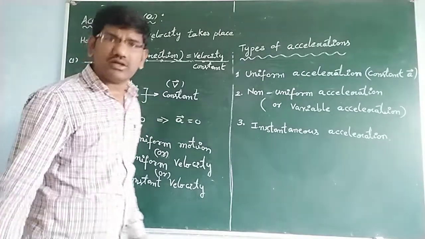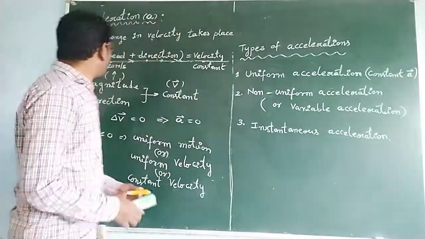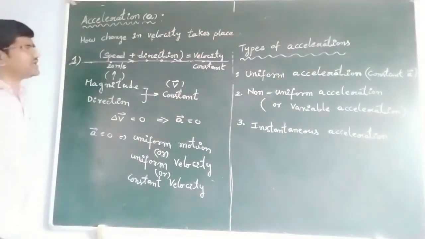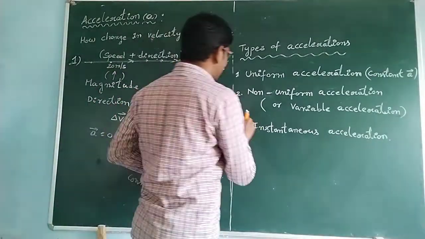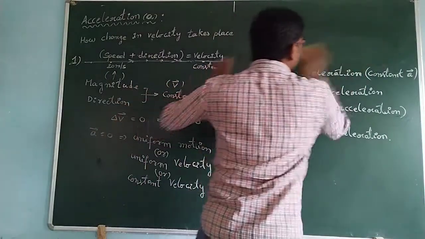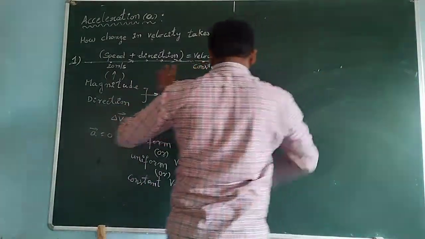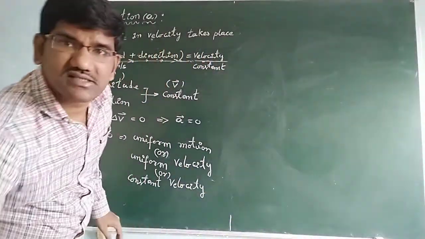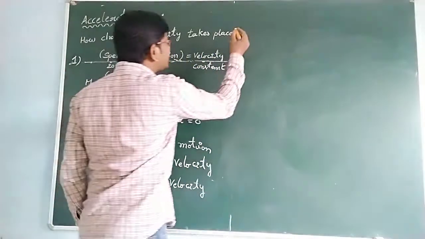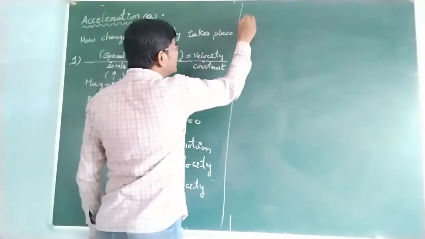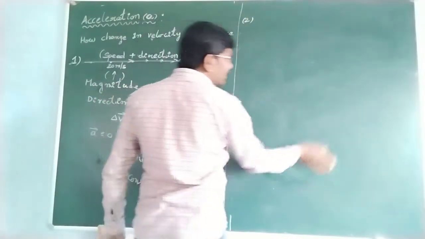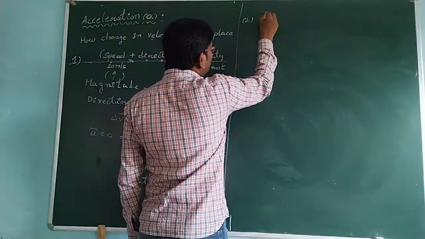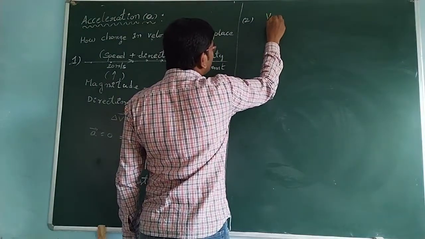So in this first case, case 1, we have seen both are constant. Next, the second one. How can velocity be changed? In the second one, I am keeping the direction constant, moving with variable speed.